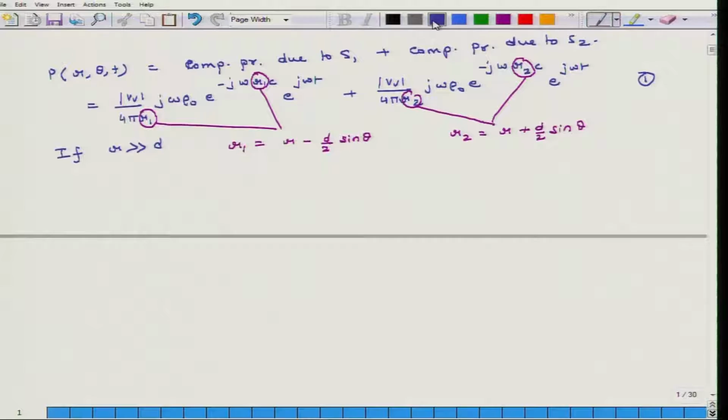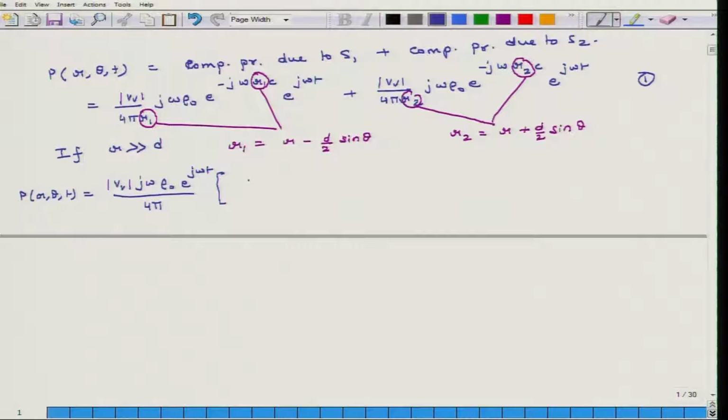So, using this what we get is P(R, theta, t) equals, now what I will do is I will take some of the portions of this equation as common terms. So, Vv j omega rho naught e to the power of j omega t is common, and also common is divided by 4 pi.